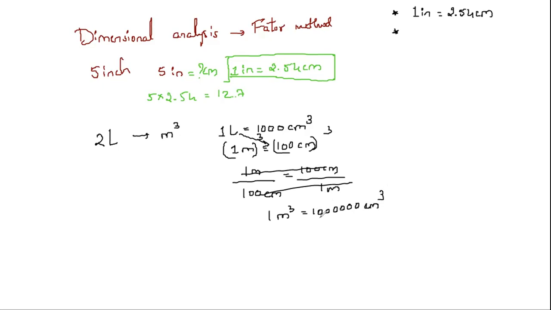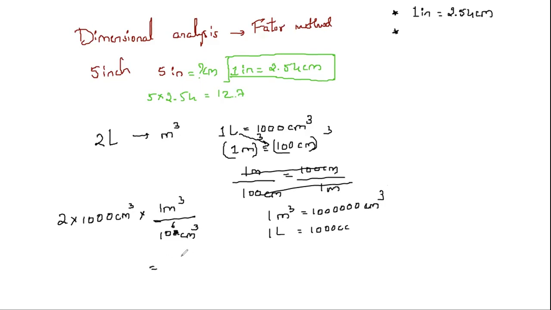And 1 liter is 1000 cc, cubic centimeter. So what do I get? 2 into 1000 cubic centimeter into 1 meter cube divided by 10 raised to 6 centimeter cube.